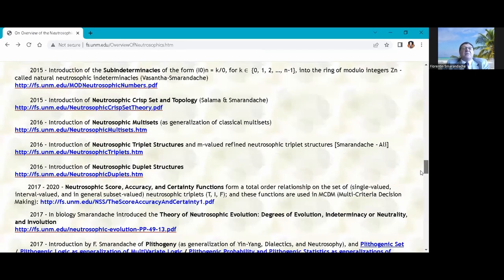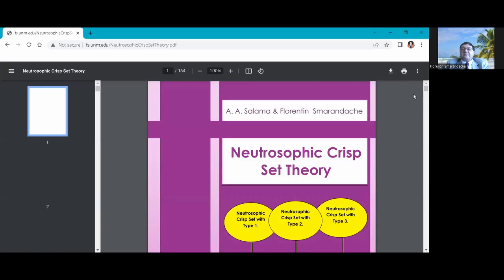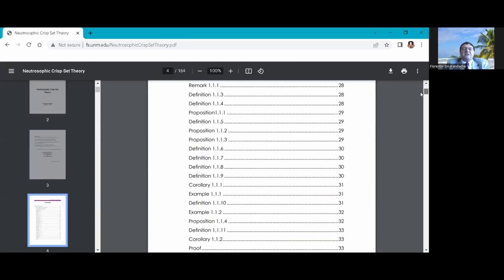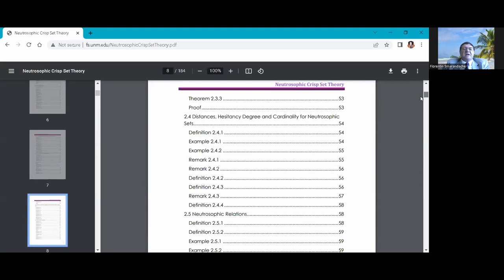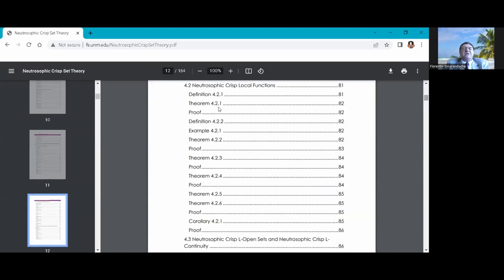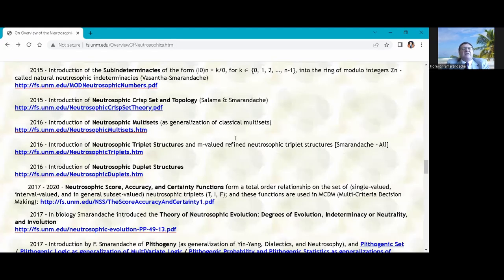Neutrosophic crisp set and topology were developed together with Professor Salama from Egypt, where they considered the sets A, B, C, and then all kinds of intersections. So T, I, and F were replaced by ordinary sets, and then we had all types of intersections between them.